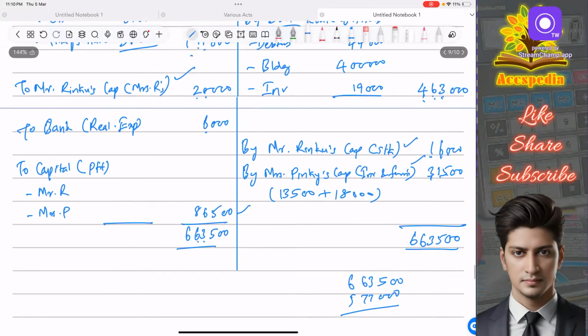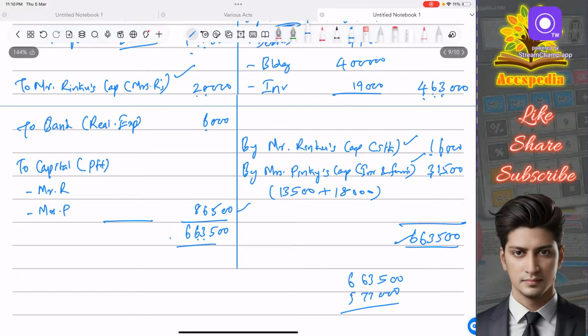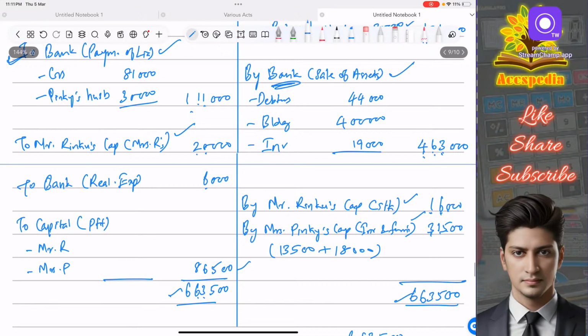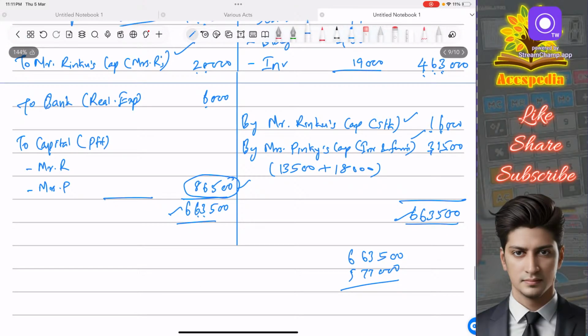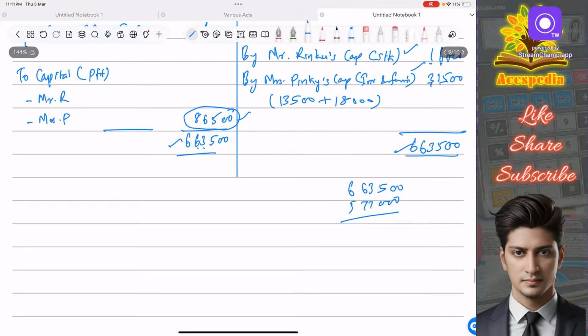I generally add the credit side, then I write on the debit side, so with the help of the debit side value, I directly find this value. So I won't go for rough calculation. Now I am going for the rough calculation the second time. I always do every calculation two times, especially final answers, bigger answers like this.